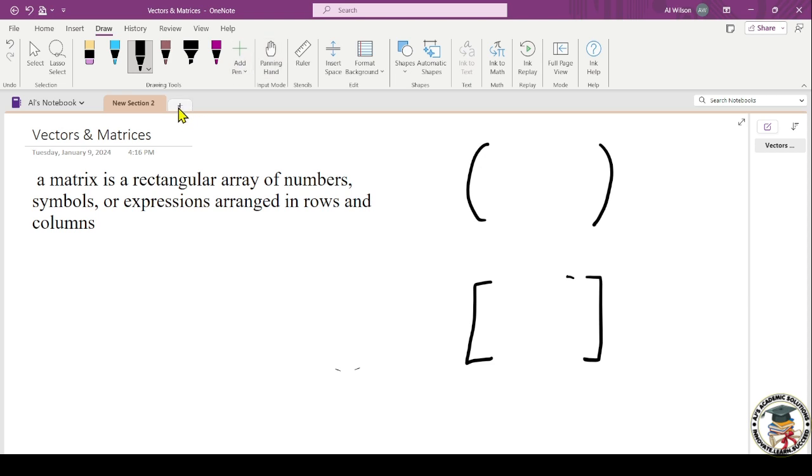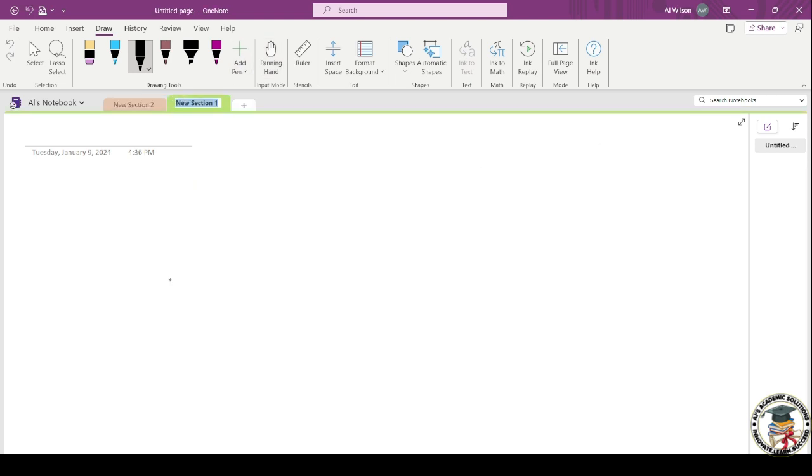So let's start here now. First things first, we need to understand that in a matrix, each number, letter, or symbol that goes inside is an element of the matrix. So let's say I put the number 3 inside. The element is 3. So the element of this matrix is 3.